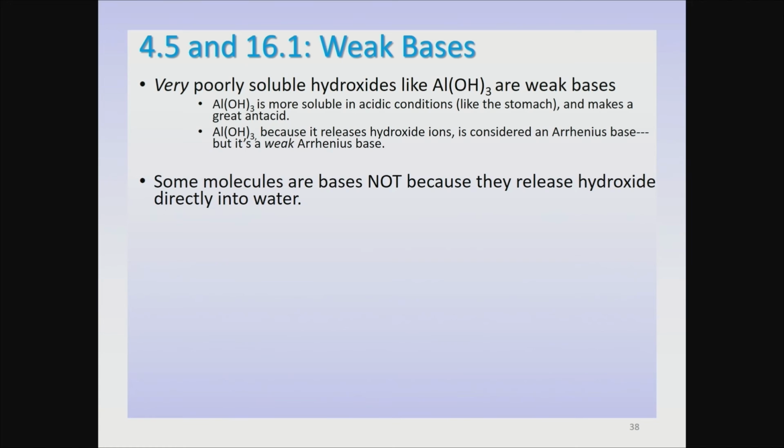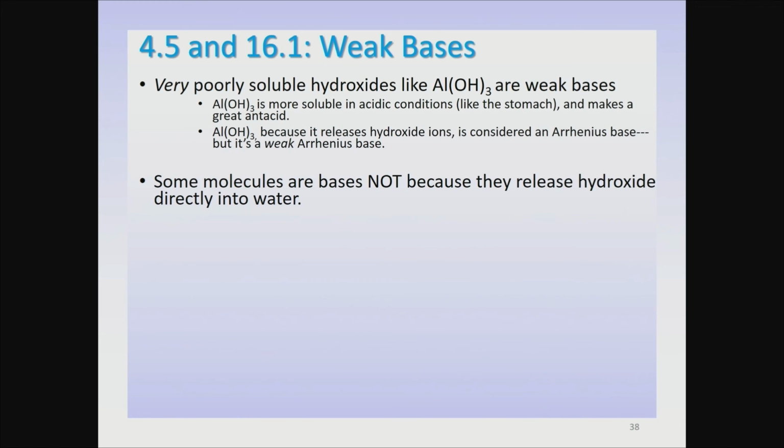And so this is one of the reasons why aluminum hydroxide is used as an antacid. Let's say your stomach is upset and you take some antacids, and a lot of times they are tablets of aluminum hydroxide. Imagine you're eating the tablet. The pH of your saliva and the stuff in your esophagus is neutral, so aluminum hydroxide does not solubilize very well as it's going down to your stomach.